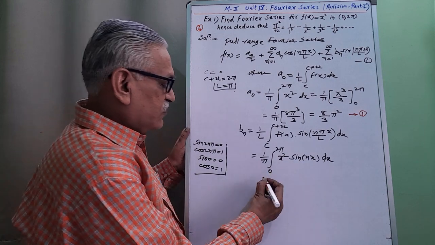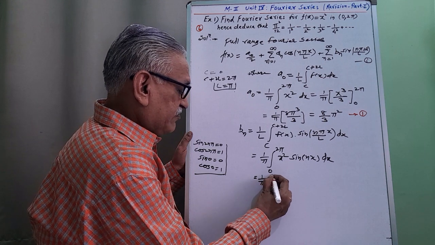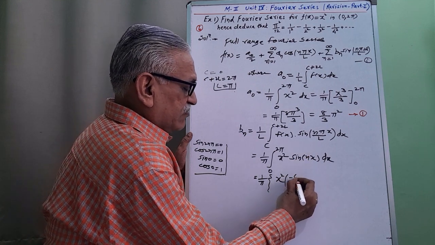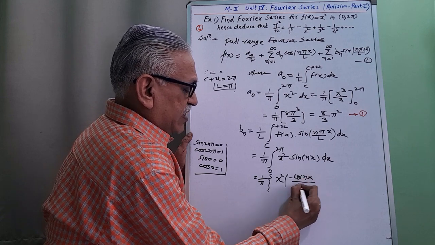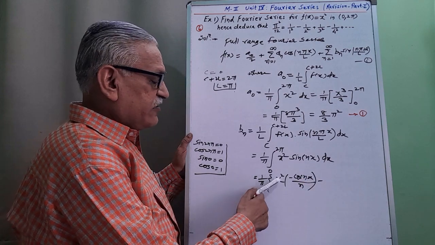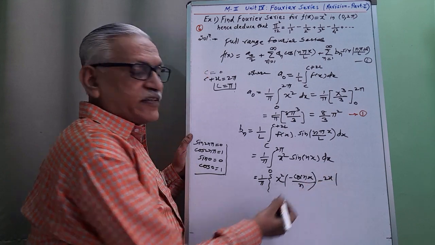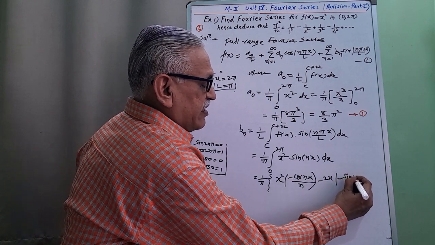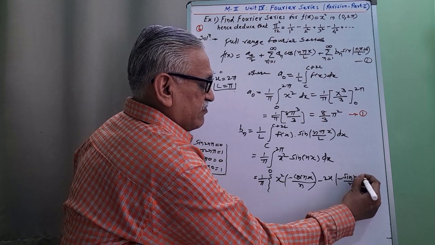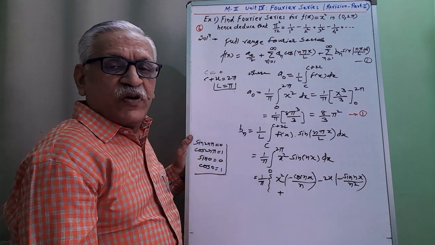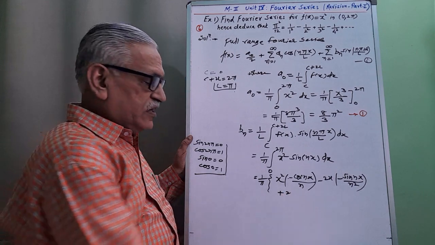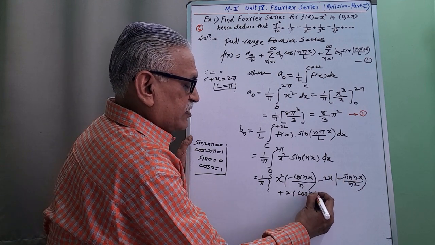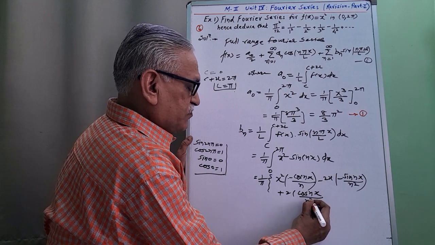Integrating it by generalized parts, we get 1 by pi, first term x square, integration of sine minus cos nx by n, then minus, derivative of x square is 2x, next integration of cos is sine with this minus sign, therefore minus sine nx by n square, then plus, derivative of 2x, 2, integration of sine minus, and this minus will become plus, cos of nx by n cube.